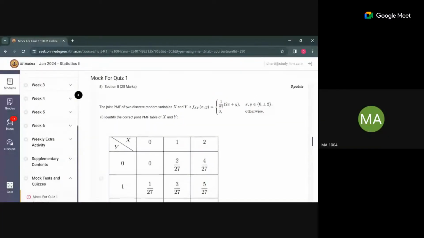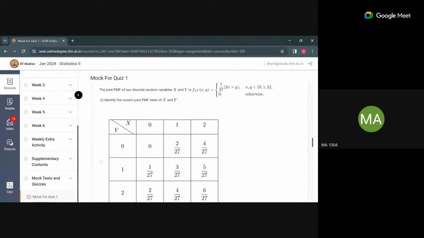Ma'am, can you solve an example for double integration? Which one? Is there double integration in this particular quiz? No, ma'am, I solved it in a previous question paper.